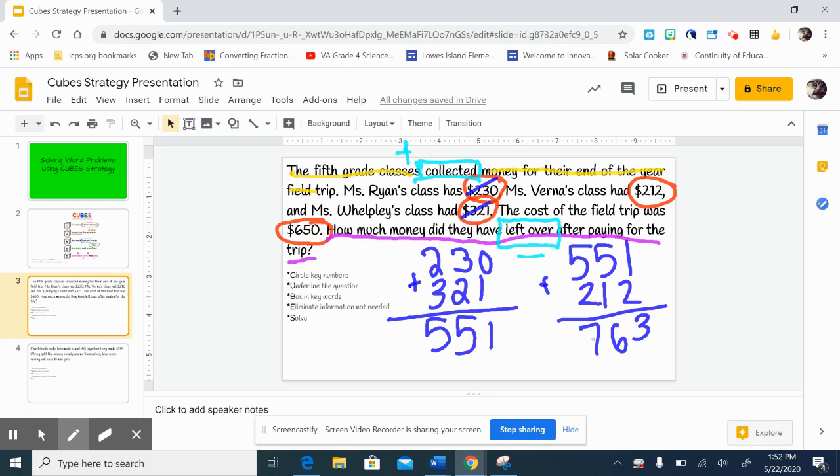Okay, so the classes collected $763. The field trip was only $650. So they are going to have money left over because they collected more than they needed.